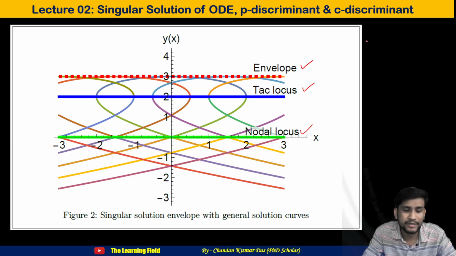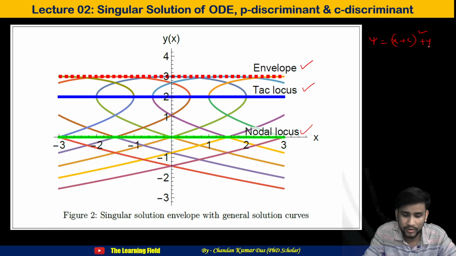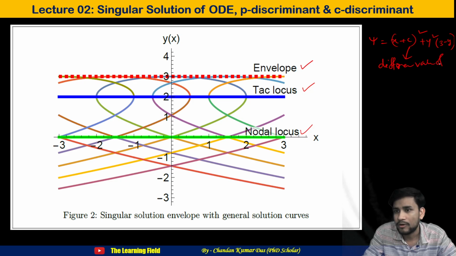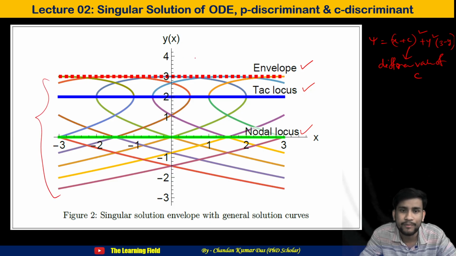So the solution of the differential equation that we have got is psi equal to x plus c whole square plus y square into 3 minus y. Now if we put different values of c, we will get these types of graphs, where y and x are the axes.